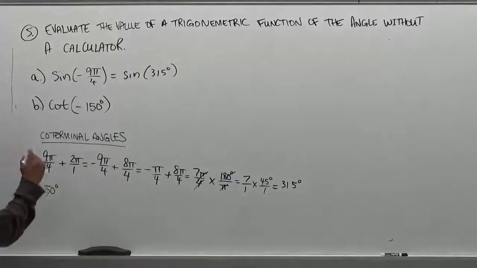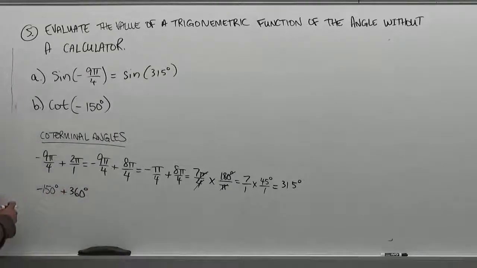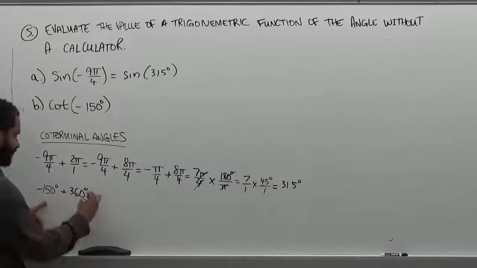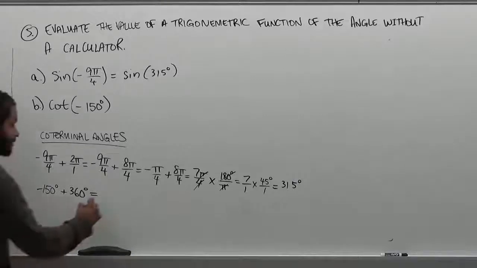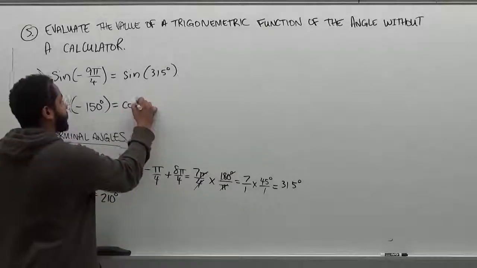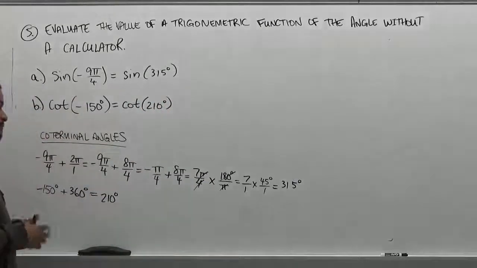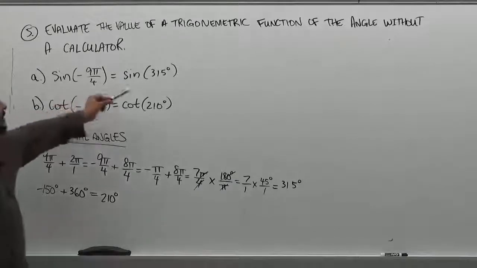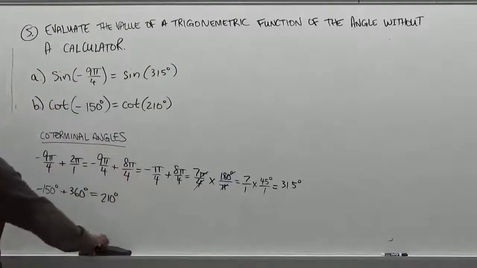So we add 360 degrees to make this an angle between 0 and 360 degrees. When we do 360 minus 150, we get 210 degrees. So this becomes the cotangent of 210 degrees. That's the first step in solving this: finding the coterminal angles and converting them to positive angles, the same representation of what we have in negative values.